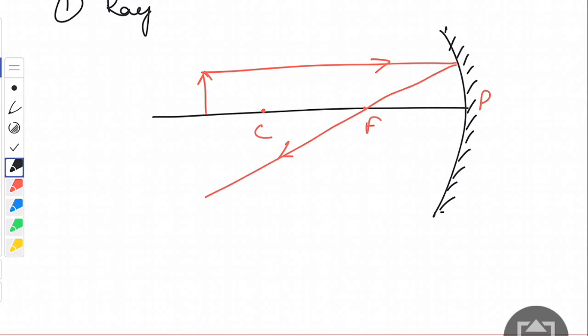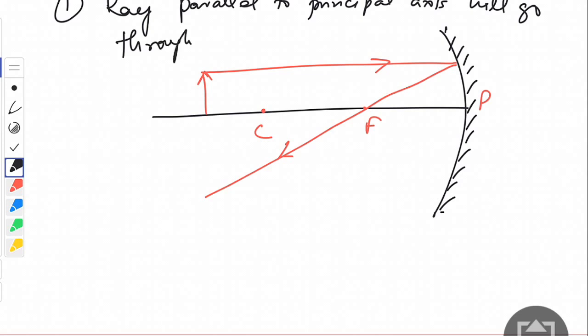A ray parallel to principal axis will go through focus after reflection. I want you to write this down in your own words.